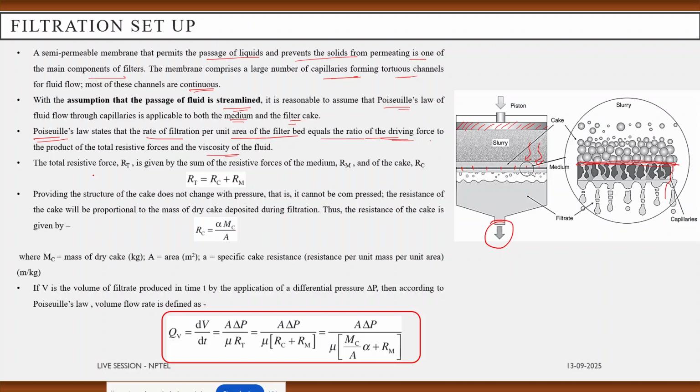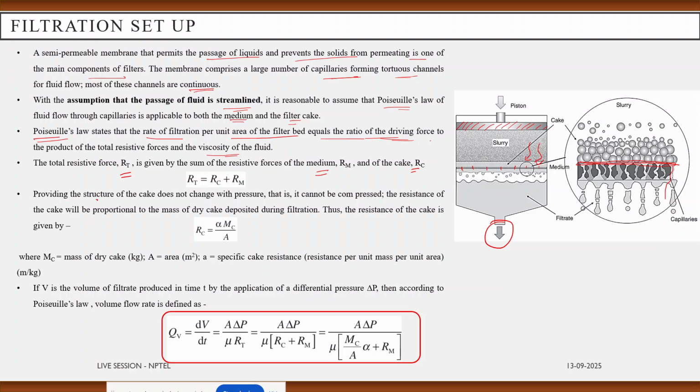For filtration, the total resistive force represented by RT is the summation of the resistive force of the filter medium, Rm, and the resistive force of the cake, Rc. So the total can be written as Rt equals Rc plus Rm.